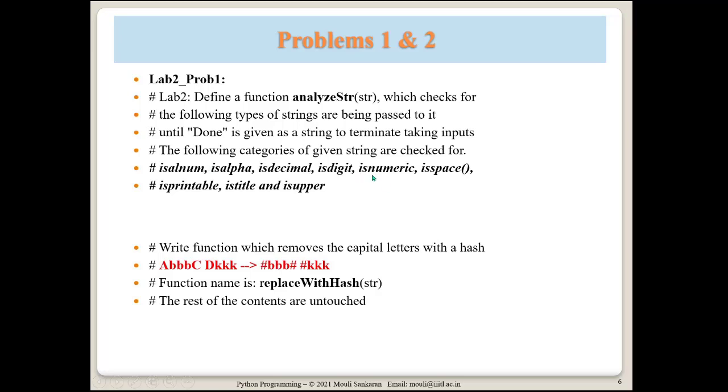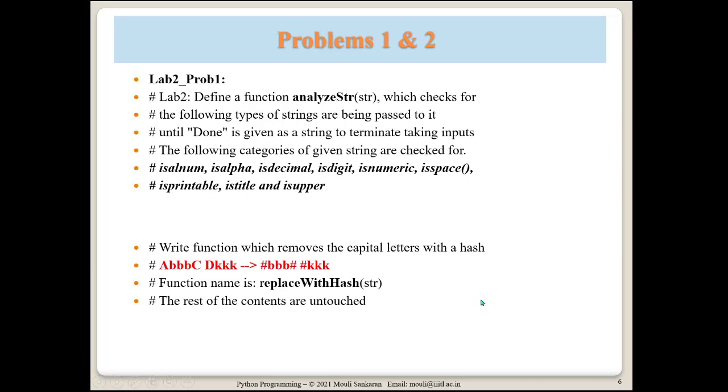It returns a boolean value, so you need to put an if condition to check for this and then print them. Is numeric is a numerical number. It can be a floating point also, I think. Is space, if suppose you are giving only blank spaces, this will be true. Is printable, except carriage return, all those kind of control characters, everything will be accepted as printable.